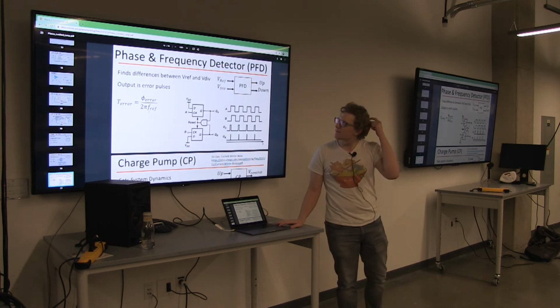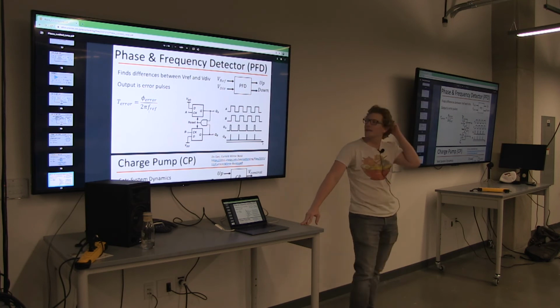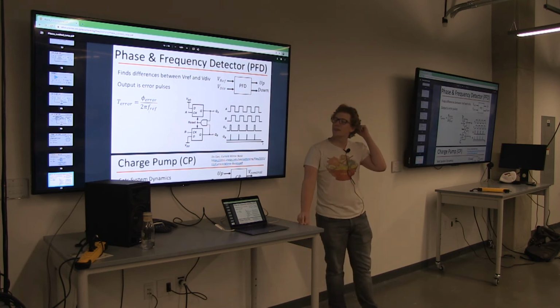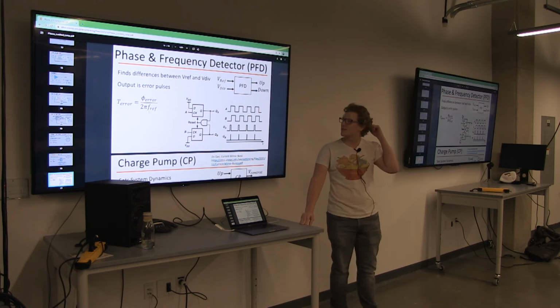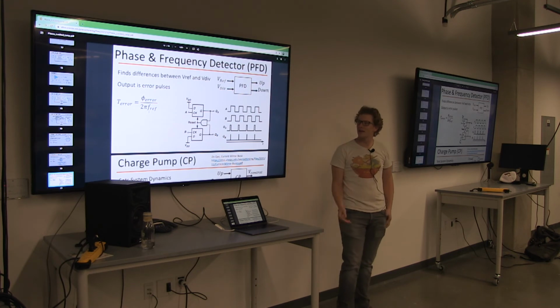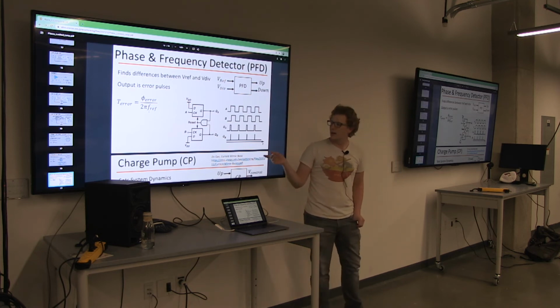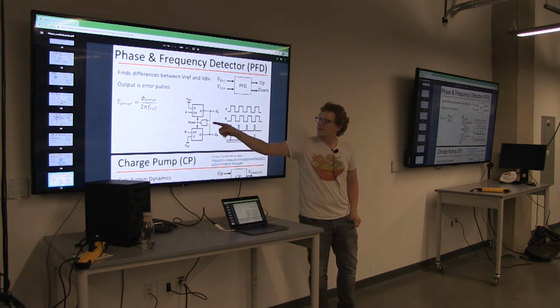All right, and then the phase frequency detector. This is important because you don't want to be locked in the right phase but the wrong frequency, and vice versa. You can tolerate a lot of variations if you're able to lock the exact frequency of your input. In this case, this is another two flip-flops and then a reset signal.